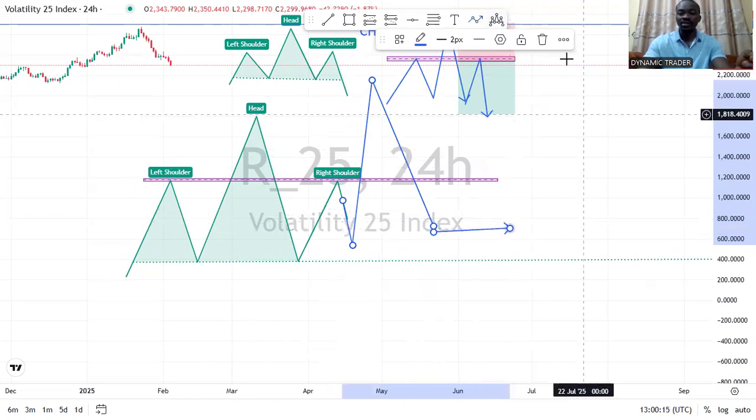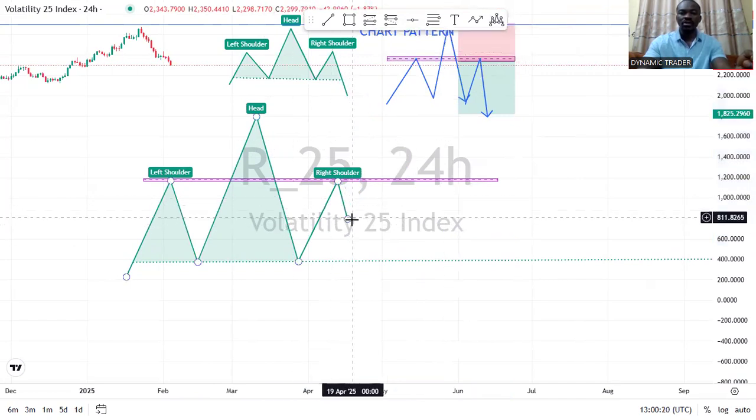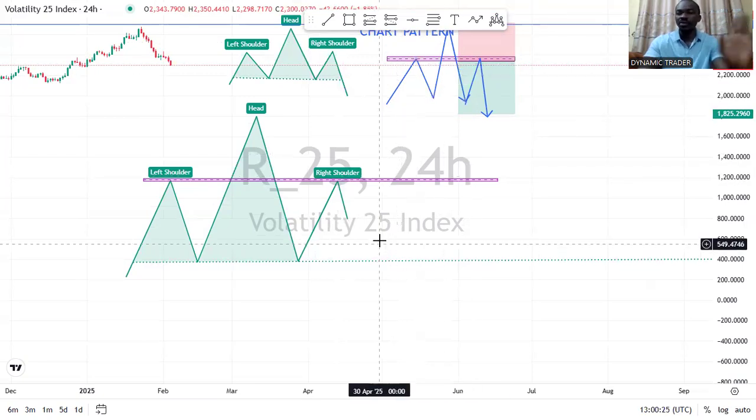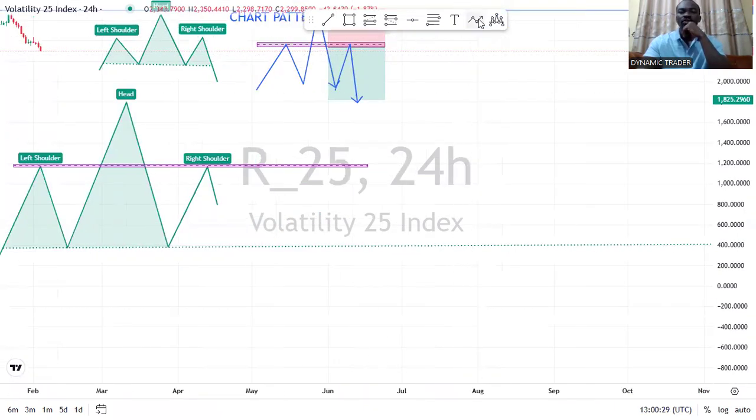Often at times it happens. Anybody trading the head and shoulders pattern understands what I'm saying. Sometimes it works. There's no perfect strategy. But as an SMC trader, this is clearly what I would do.